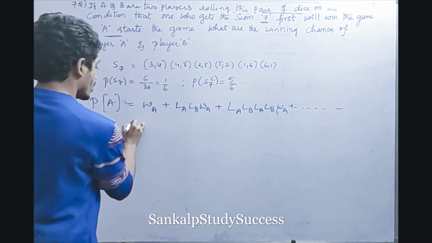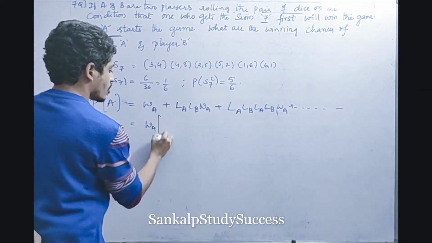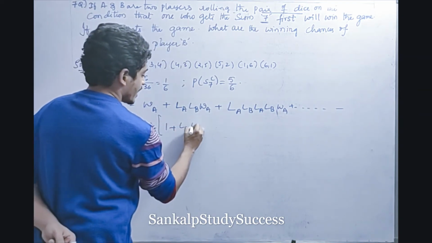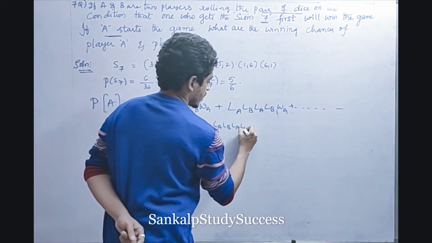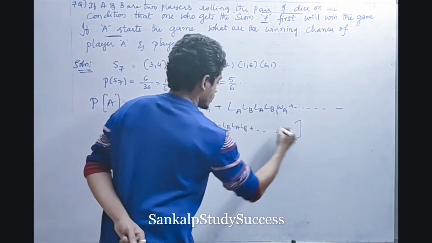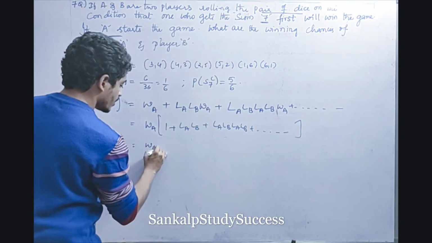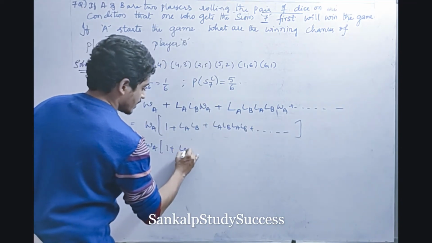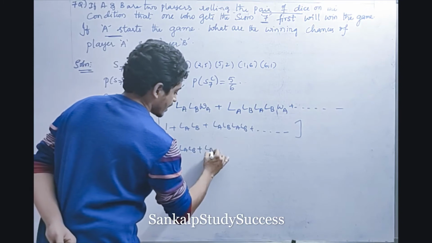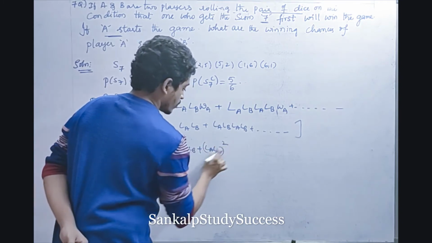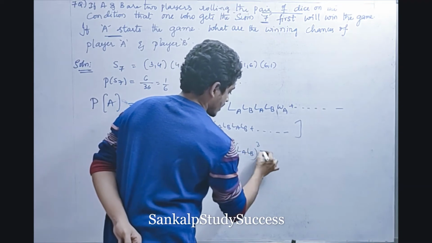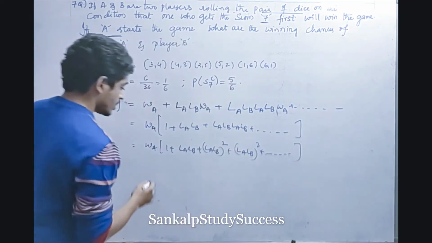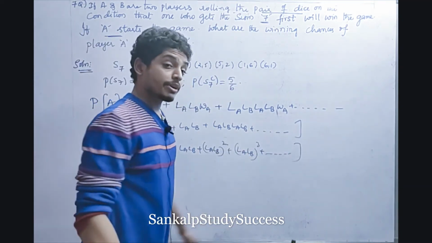Fine. So how can I write this? Can I take WA as common? 1 plus LA LB plus (LA LB) whole square, and so on. So in this way what I will get, friends? WA is equal to 1 plus LA LB plus (LA LB) whole square. If it is whole square, the next term is (LA LB) whole cube, right or not? So plus, and so on. So this is nothing but the GP series, geometric progression, right?